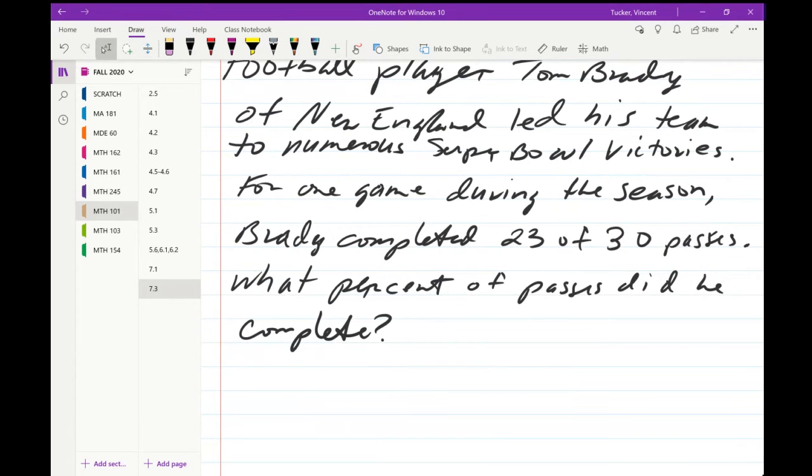What we're looking for this time is the percent. Because we know it's 23 out of 30, we can say 23 is what percent of 30?